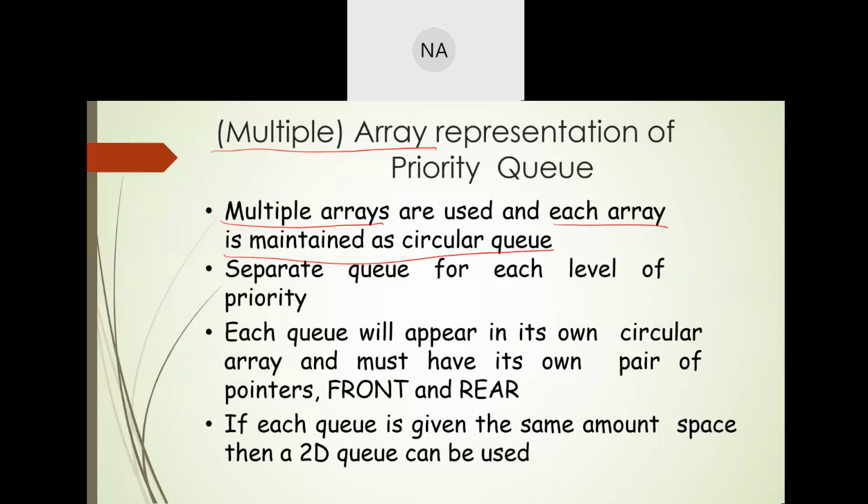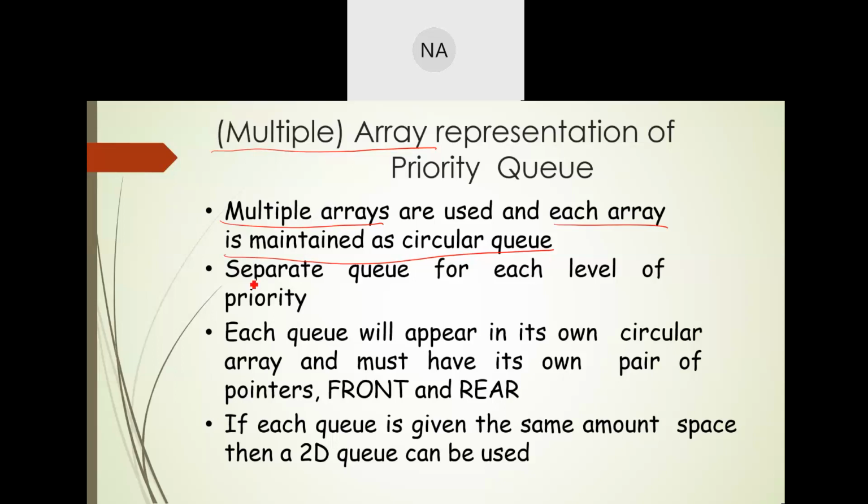What is a circular queue? In the queue we have two pointers, front and rear, and in the circular queue, after visiting the last location we visit the first location next. So we have multiple arrays and each array is basically a circular queue.